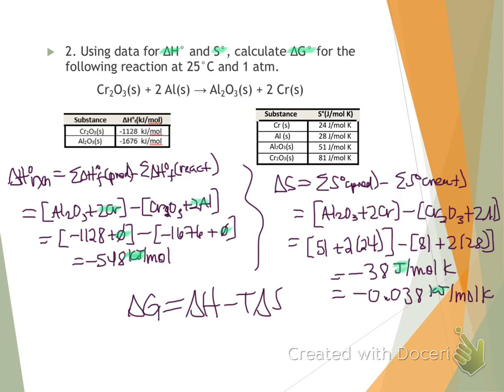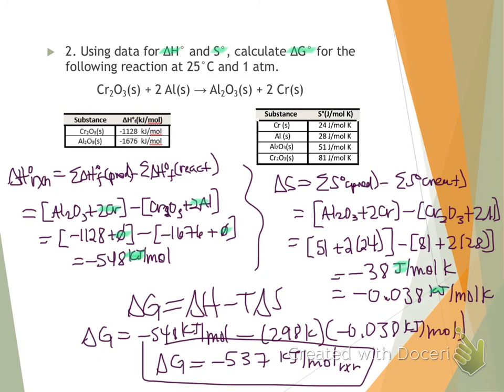Once we have kilojoules for both, we can plug everything in to solve for delta G. So we should find that delta G is negative 537 kilojoules per mole reaction. So this is a thermodynamically favored reaction that is driven by enthalpy, since our negative, exothermic enthalpy is going to be favorable, while that negative delta S is not favorable to nature.